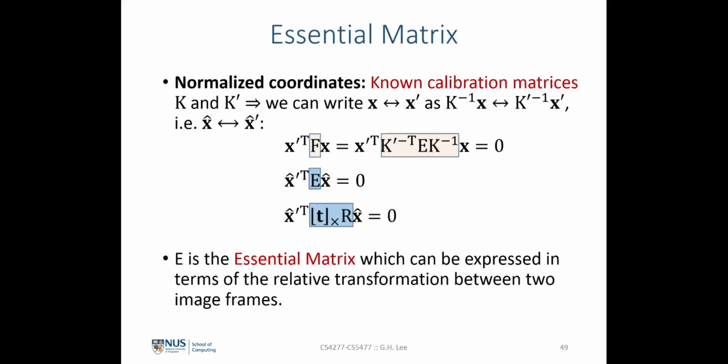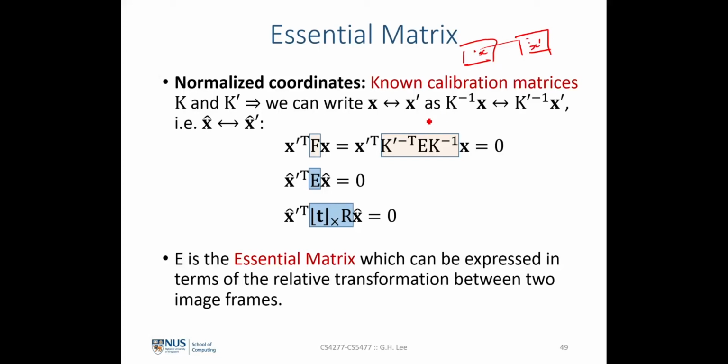Now, so far we have looked at the fundamental matrix under an uncalibrated setting. This simply means that we do not know the camera intrinsic values K and K prime in the two views. But in the case where we know these two camera matrices K and K prime, we can simply rewrite the point correspondences x and x prime in the two views.